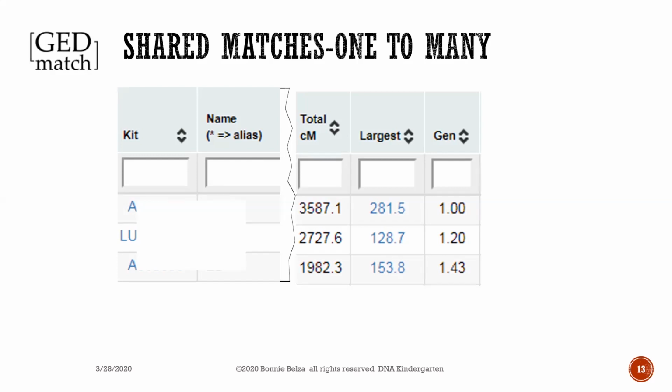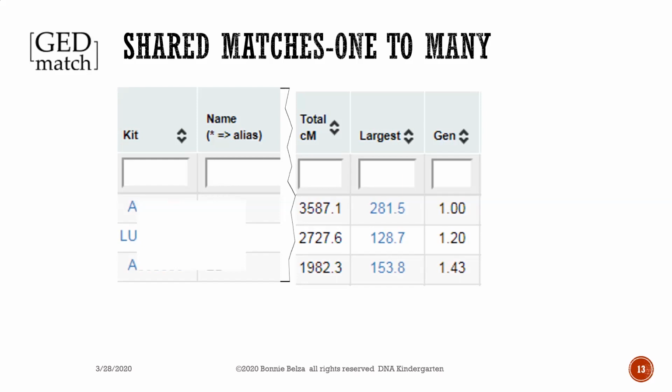There are several more columns, one of which is the email address of your DNA match. Sometimes the names will be enough of a clue. However, people tend to use aliases or abbreviations, but they will have an email address that you can use to communicate directly with someone who is a match.